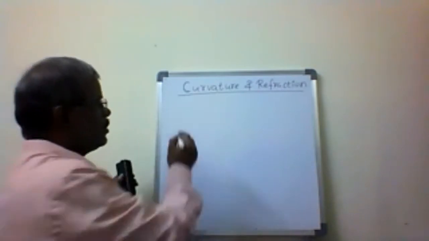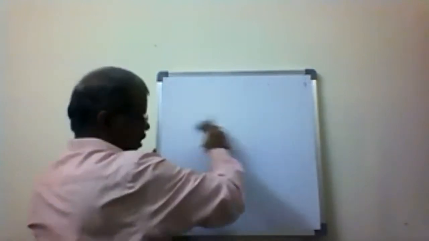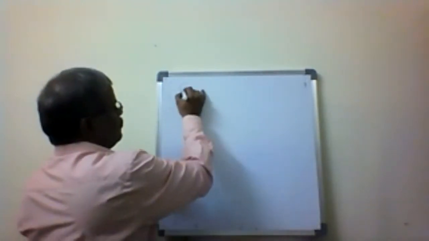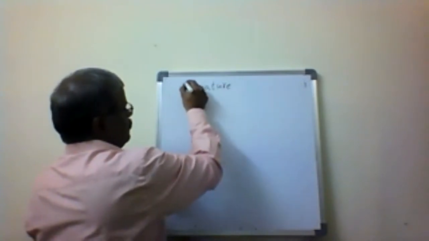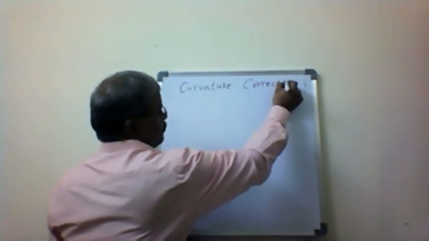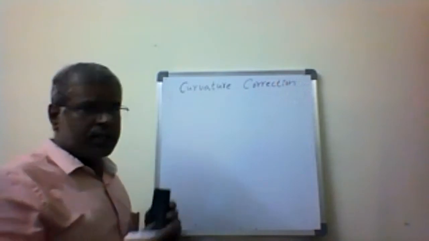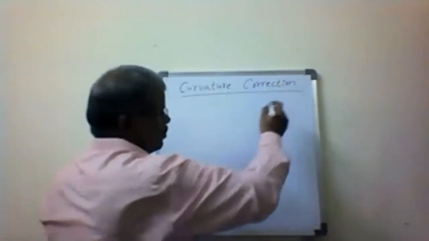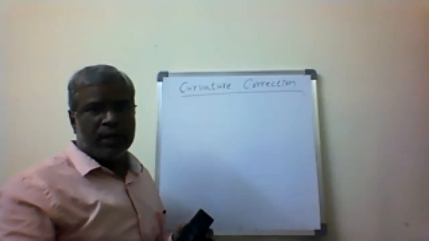First we discuss the curvature correction, then we'll go for the refraction. The curvature correction is the vertical distance between the line of sight and the level line. That is what we call the curvature correction.